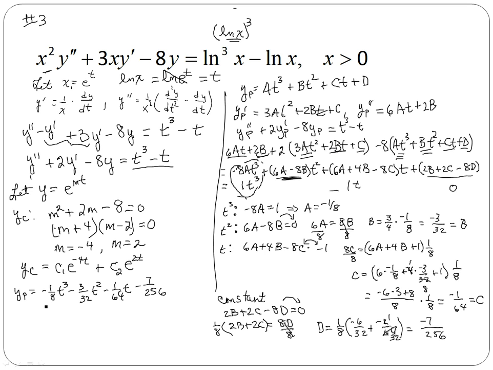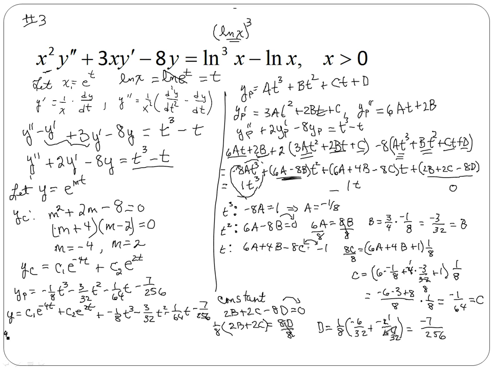And then my general solution is going to be my complementary solution plus my particular solution: c1 e to the negative 4t plus c2 e to the 2t minus 1/8 t to the third minus 3 over 32 t squared minus 1 over 64 t minus 7 over 256. And notice this is my solution in terms of t.